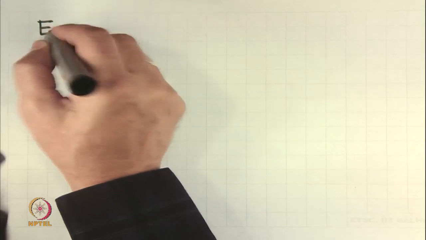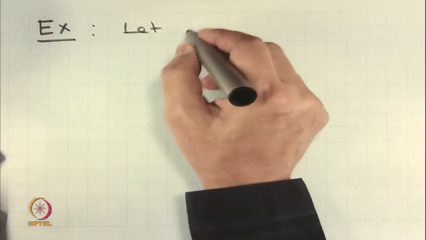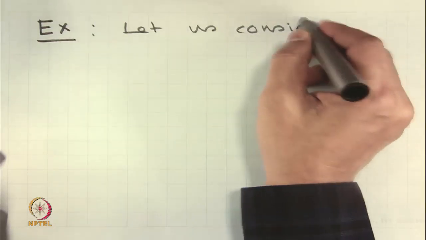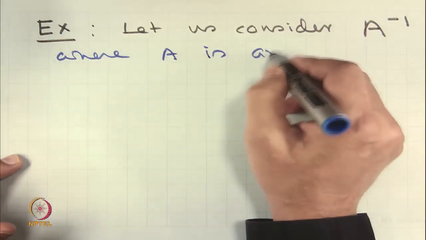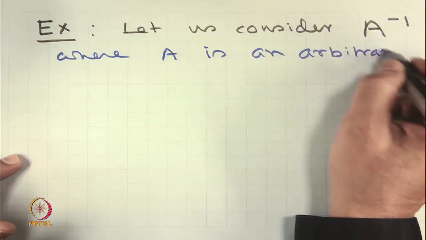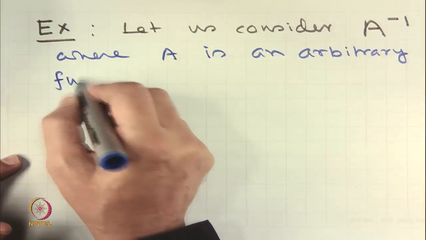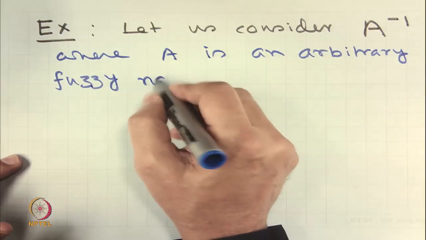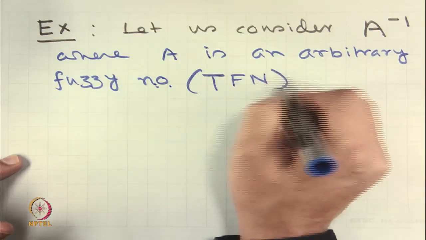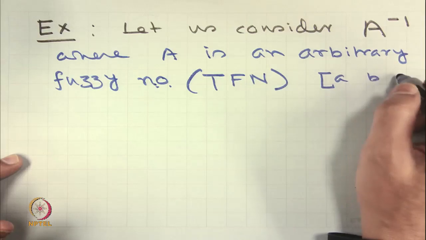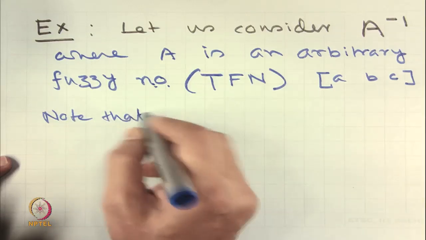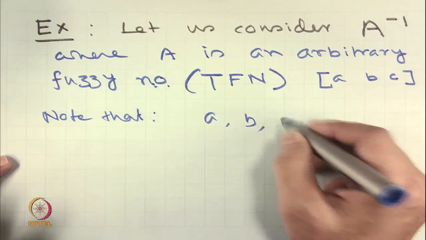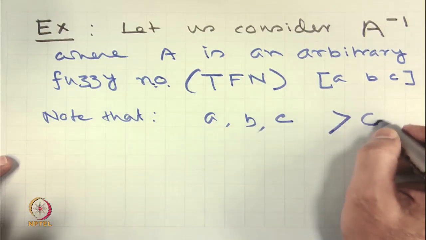So, for example, let us consider A inverse, where A is an arbitrary fuzzy number, that is TFN, triangular fuzzy number A, B, C. Note that A comma B comma C are all greater than 0.